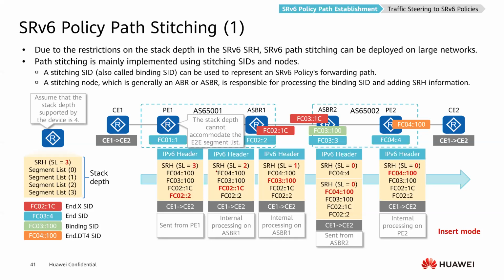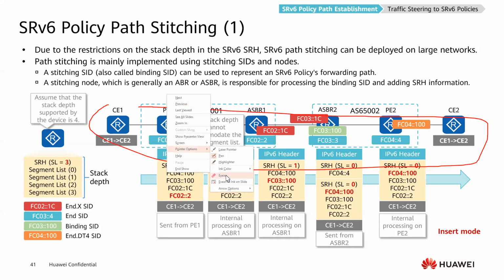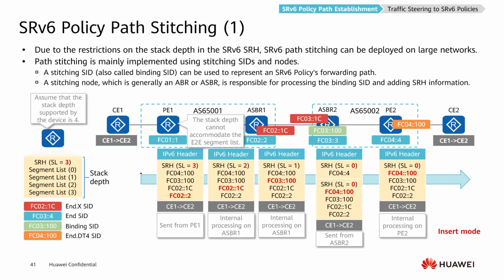So let's assume that those devices have some limitation for how many segments they can read. Let's take an example of 4. A 4-segment list is the maximum stack depth: 0, 1, 2, 3, so 4.